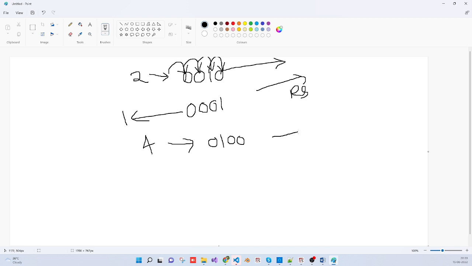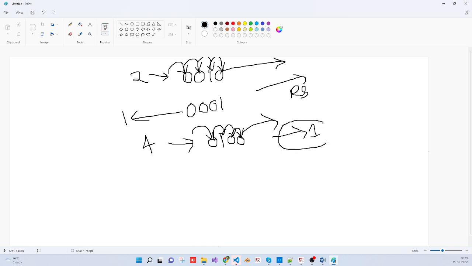Now I am right shifting one time. An extra zero will come here, this zero goes here, this one goes here, and this zero goes here, and the last zero goes outside.